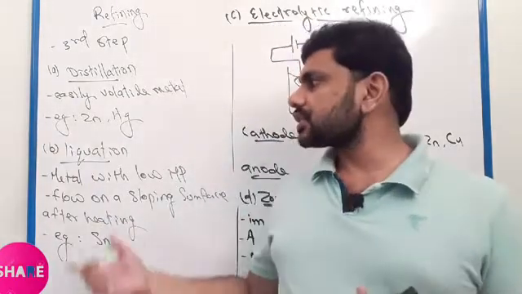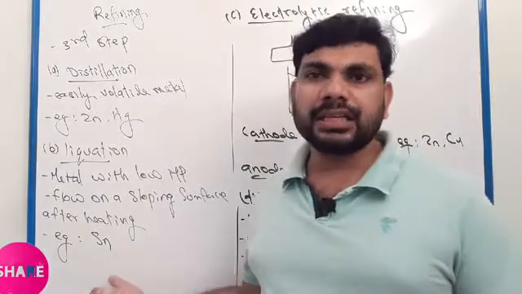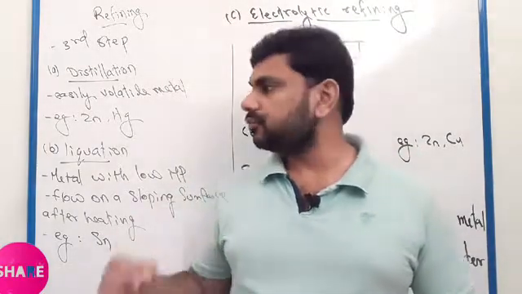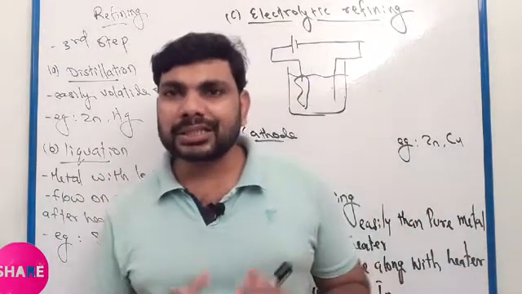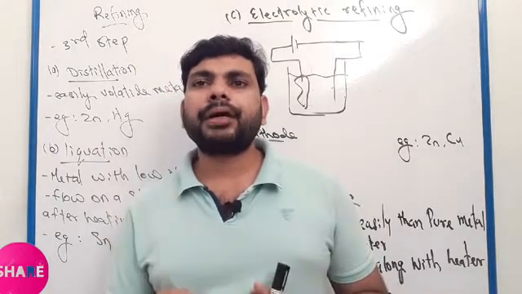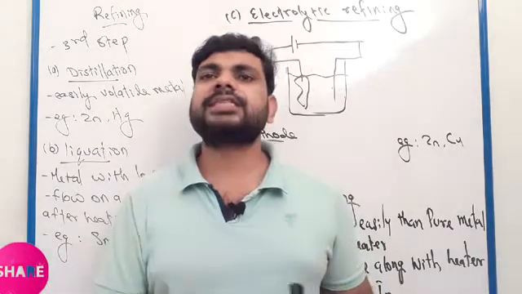This method is called liquefaction. Example for this type of metal: tin. Tin is one example of a metal purified by liquefaction. Liquefaction means metal with impurity will be heated. Metals have a low melting point and will melt easily.